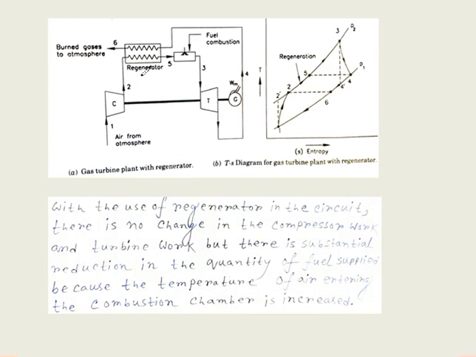With the use of regenerator in the circuit, there is no change in the compressor work and turbine work, but there is substantial reduction in the quantity of fuel supplied because the temperature of air entering the combustion chamber is increased.